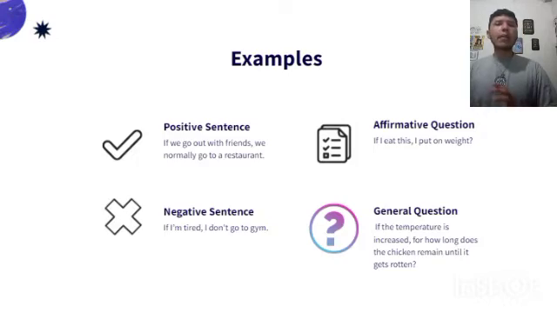We see here a slightly more complex sentence, but it puts us in a more descriptive example of the zero conditional. We're talking about this because we know that after some time in really hot temperatures, the chicken eventually gets rotten. So we're asking for when. If the temperature is decreasing, for how long does the chicken remain?